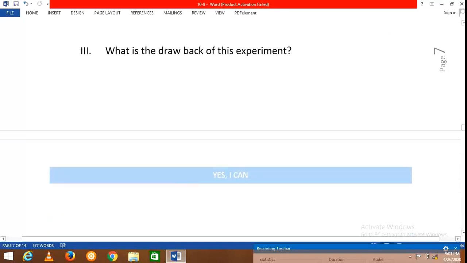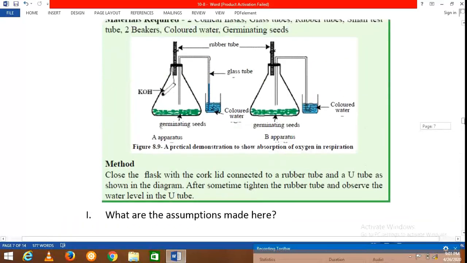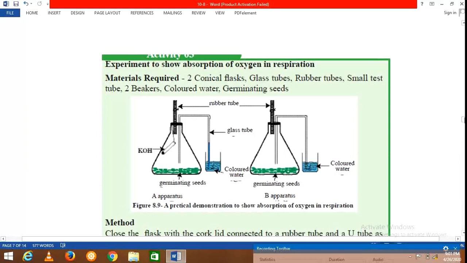Then what is the drawback of this experiment? Actually, the drawback in this experiment is we can't prove that the gas which is taken or obtained for respiration is oxygen. We can't prove that it is oxygen, but we know that oxygen is available about 21 or 20% in the atmosphere.